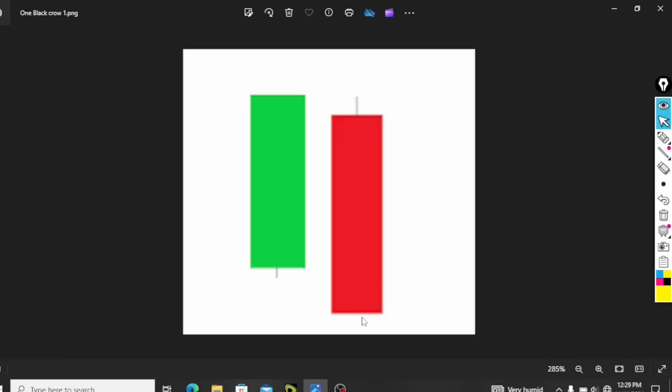So anytime you see a candle that opens below the close of the previous day candle and then trades and closes below the open of the previous day candle, just notice that this is definitely one black crow, and it's a bearish reversal pattern.